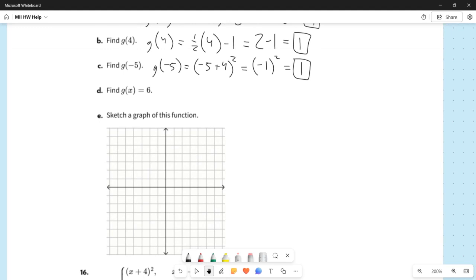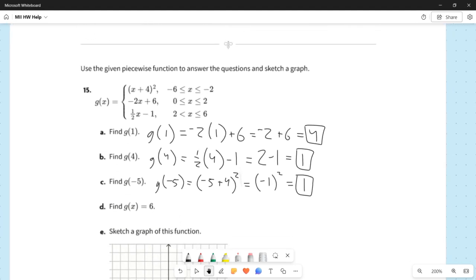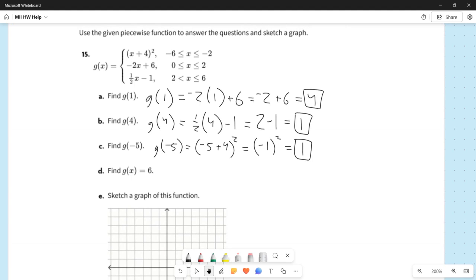But I think that seeing a graph will make the solution to D make more sense. So we're going to pause on D for a second. We're going to go to E, then we're going to go back to D. So E says sketch a graph of this function. And so we have all the information that we need in order to graph this.